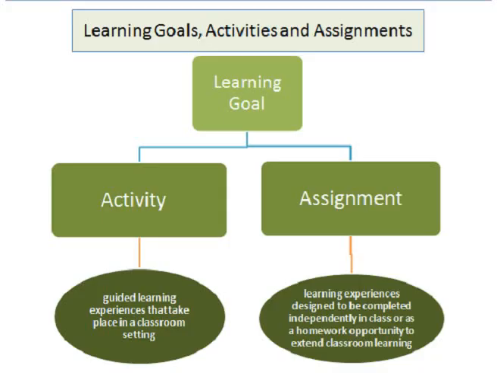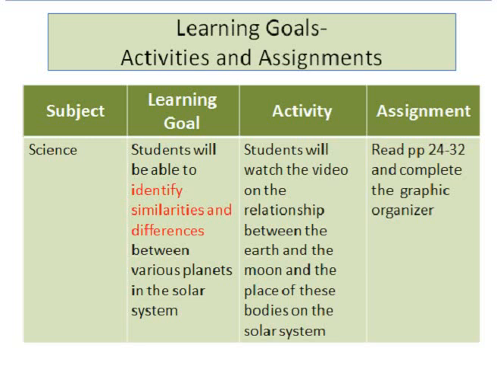Here's another way to look at the difference between a learning goal and the activities that support the work of the goal. Here's an example from science. Notice the difference between the learning goal, the activity, the assignment.